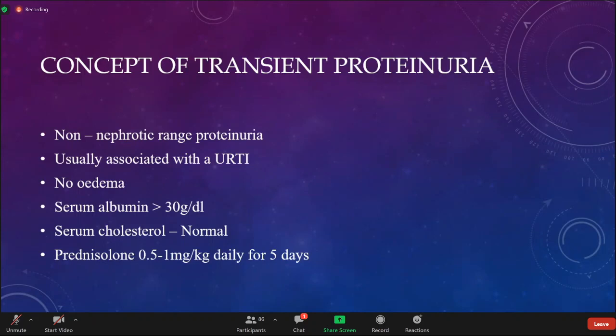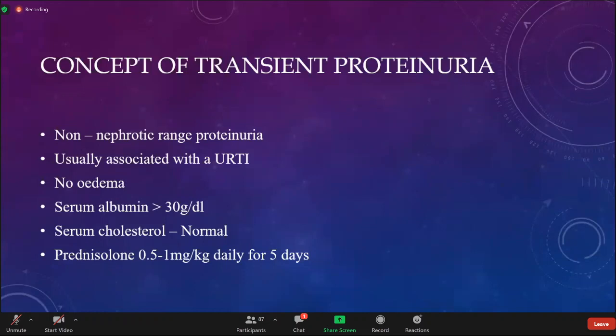Usually they have non-nephrotic range proteinuria. There is no edema. Serum albumin is usually more than 30. Serum cholesterol is normal. If you are thinking of transient proteinuria, you can give a small dose of prednisolone daily for about 5 days and observe.